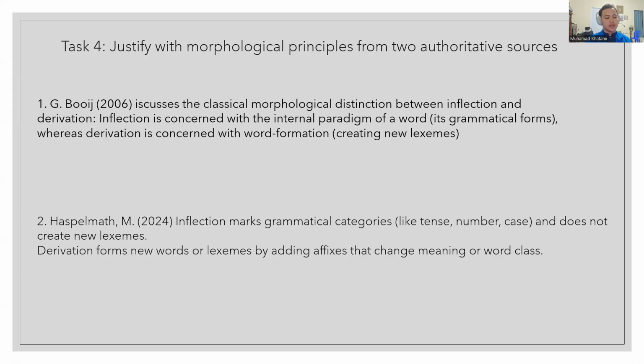And then the second one is by Haspelmath, who discusses that inflection marks grammatical categories like tense, number, or case, and does not create new lexemes. Derivation forms new words or lexemes by adding affixes that change meaning or word class.